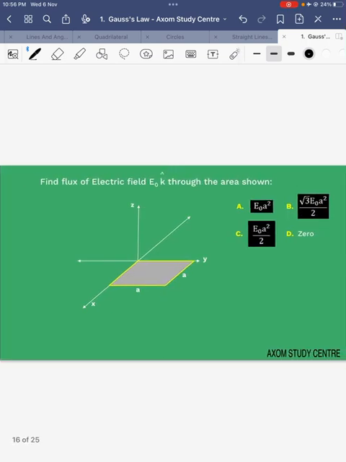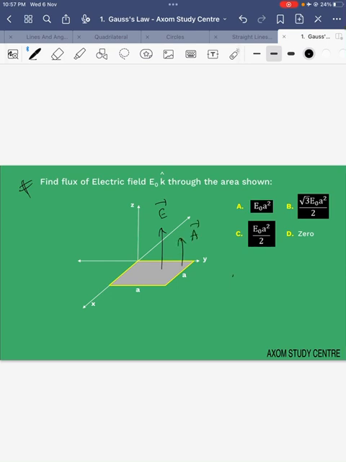Now see another problem. Find the flux of electric field E k cap through the area shown. What is k cap? k cap is the z direction. So the electric field is along the z direction, in this direction. Now they are asking for the flux. The area vector is also in this direction only.